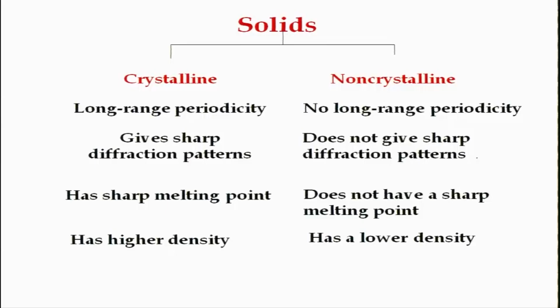When you take the X-ray diffraction pattern, in the crystalline case you will see a very sharp pattern, and in the non-crystalline material you will get a very diffuse pattern. Non-crystalline materials also do not have a very sharp melting point. We will see that later on.